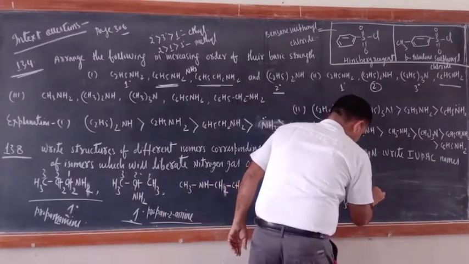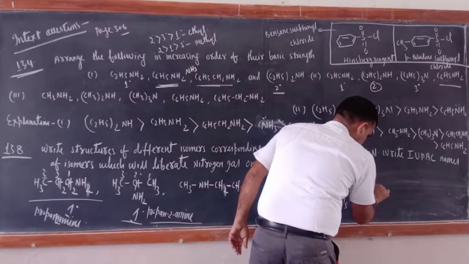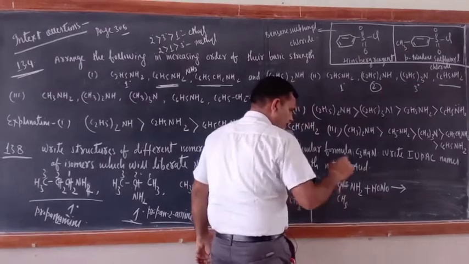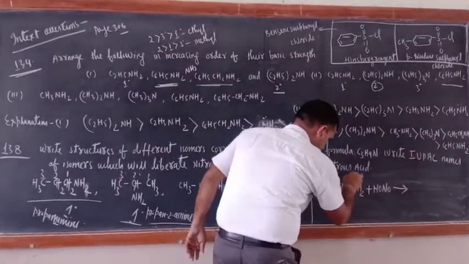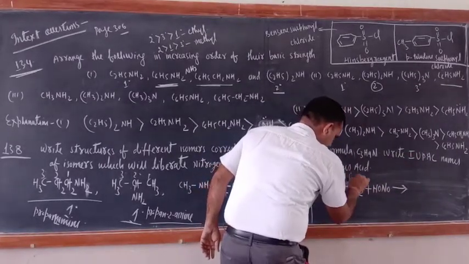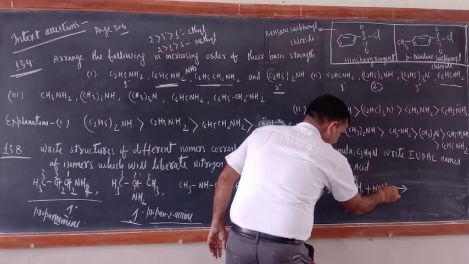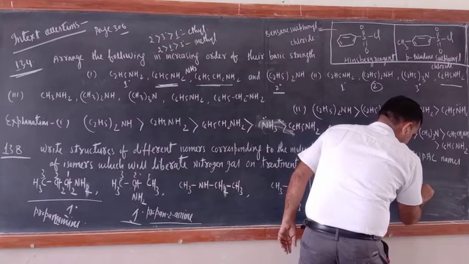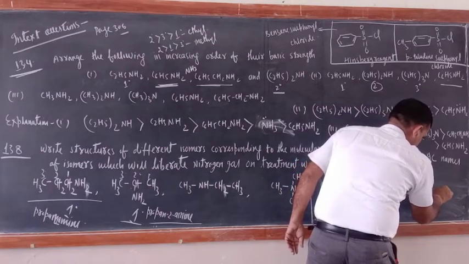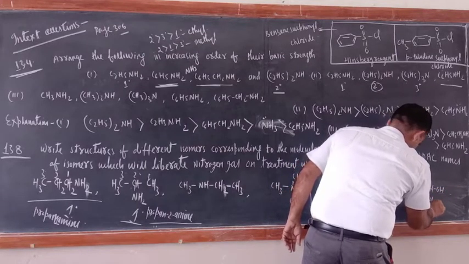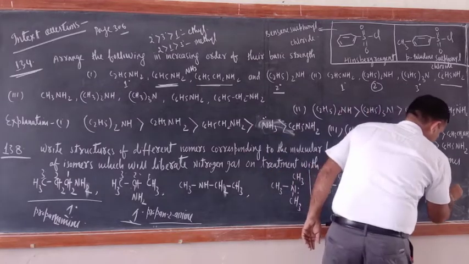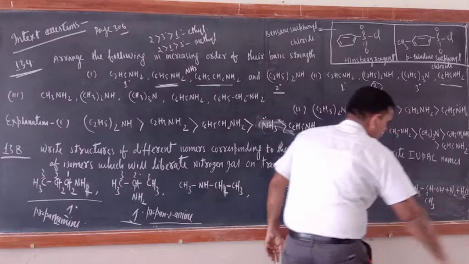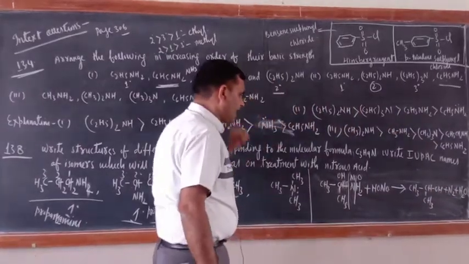Now directly you can write HONO. If you want to write directly, here give OH, here give N, and here give O. So what is the product here? The product would be CH3CHOHCH3, and here N2, and here H2O. Okay, no problem at all.